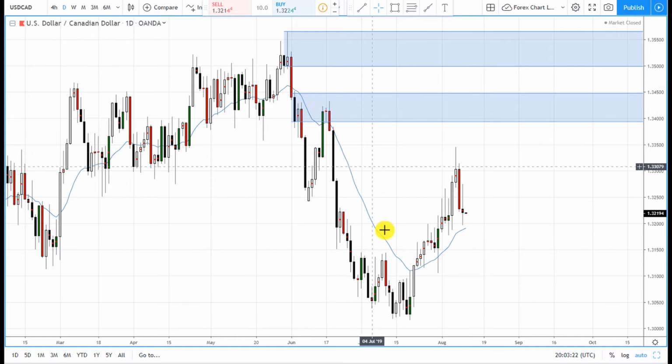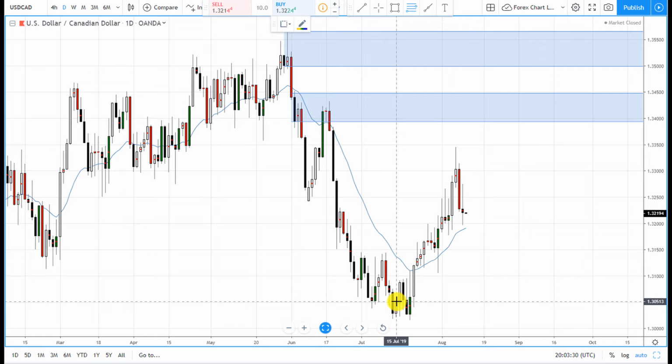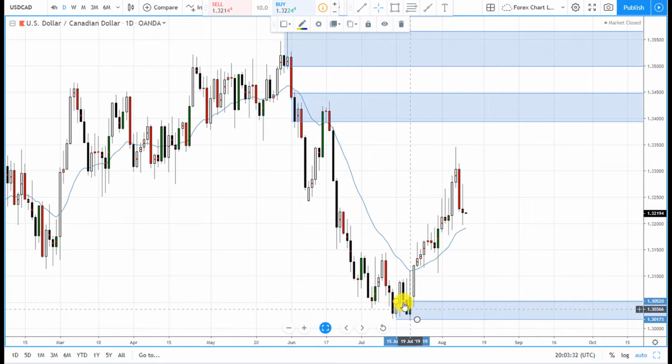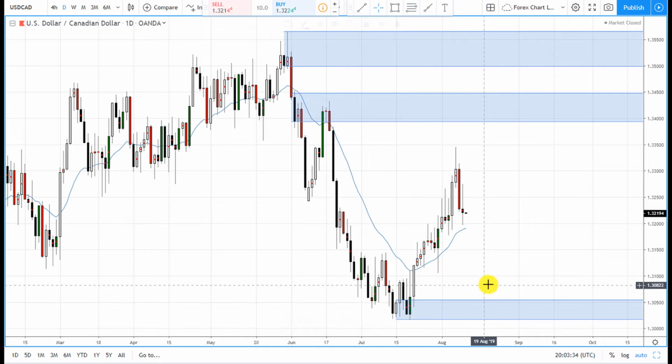Okay, so on the daily, we have a level of demand down here at the lowest end before price started reversing. And then we have a level of supply that's still holding price up there.